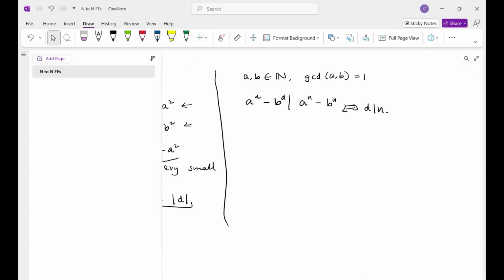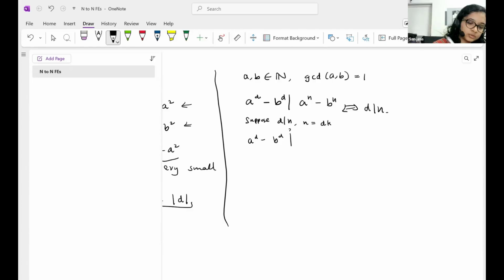I can prove the thing. Okay, sure. Go ahead. Okay, so for the first direction, suppose that d divides n. Then we write n as some d times k, and then we want to prove that a raised to d minus b raised to d divides a raised to dk minus b raised to dk.